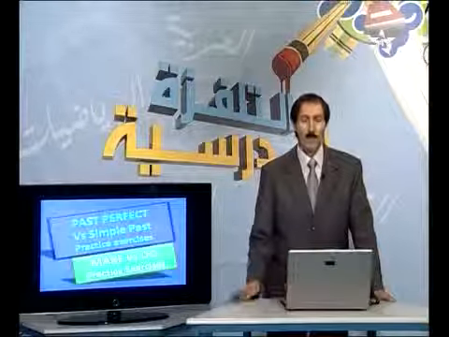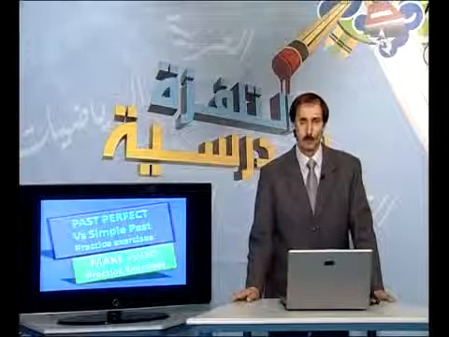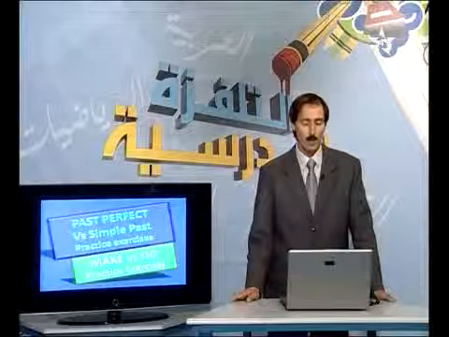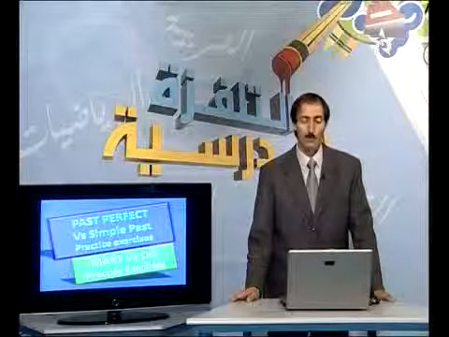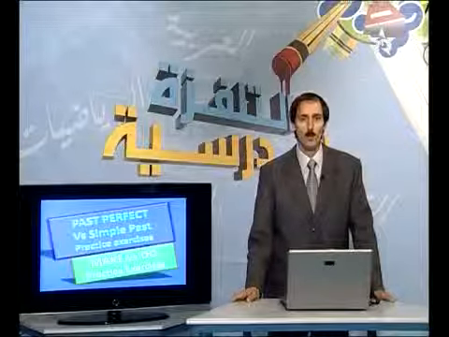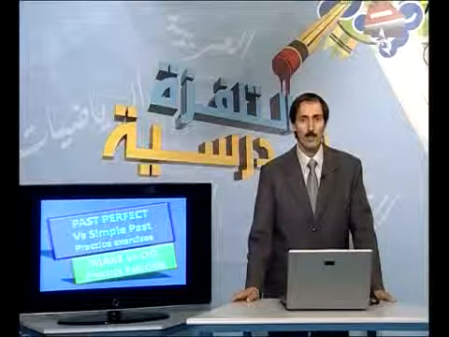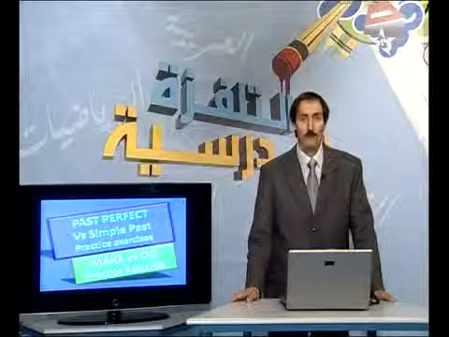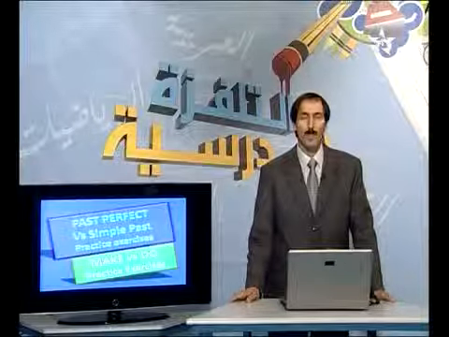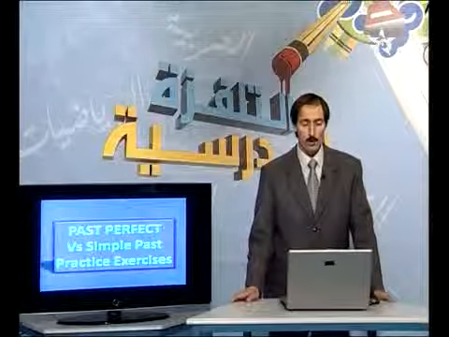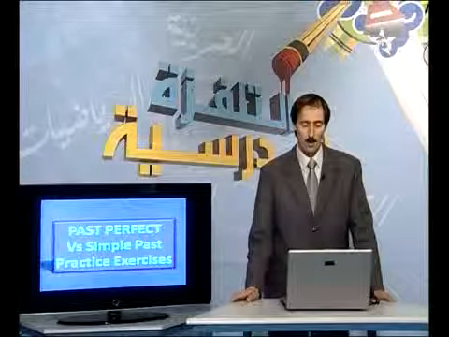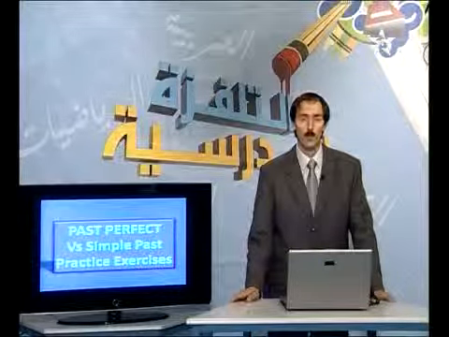As you can see, my lesson is divided into two parts. The first part is about the past perfect versus simple past, and the second part is about make versus do. I'll start with past perfect versus simple past.